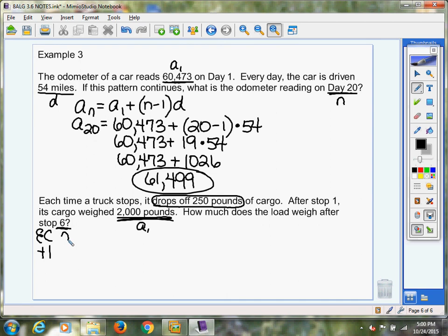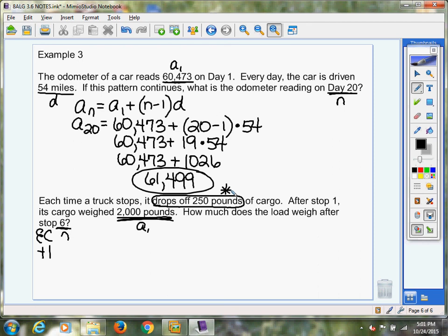So the cargo weight. So go ahead, write your formula down again, practice writing it, and be really careful right here. Now I will tell you there's a way to catch the right or wrong answer. You are anticipating that if you're dropping off cargo, that your cargo in your truck is going to get less and less and less.